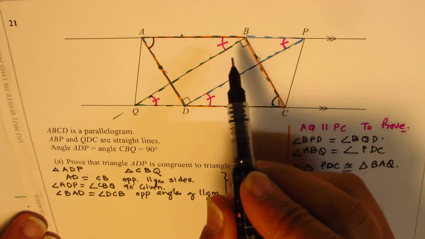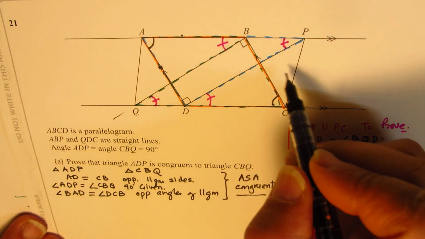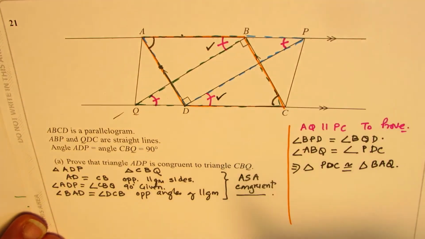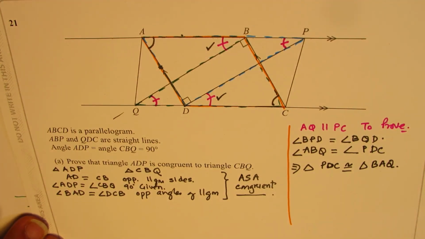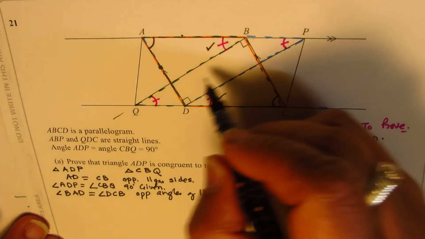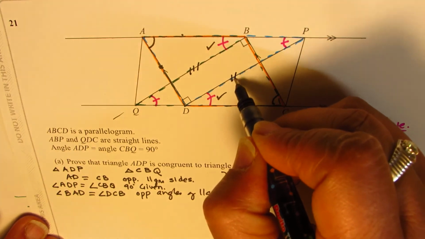Since here we have in these two triangles, if you see this angle is equal to that angle, so we have two angles which are equal, and in these we have these sides which are equal, right?